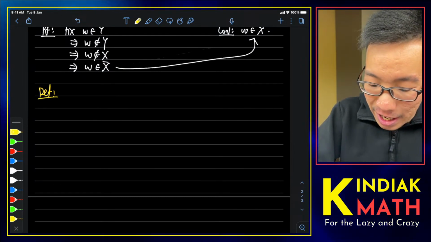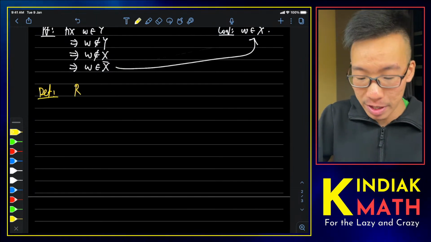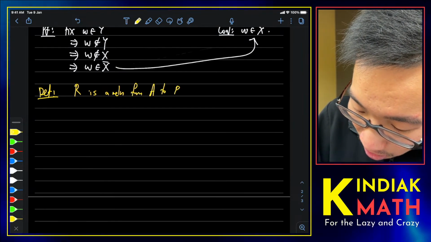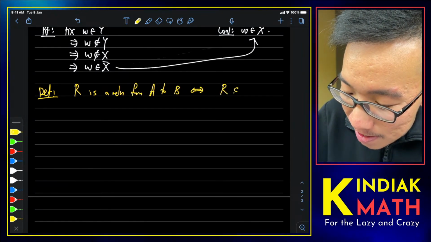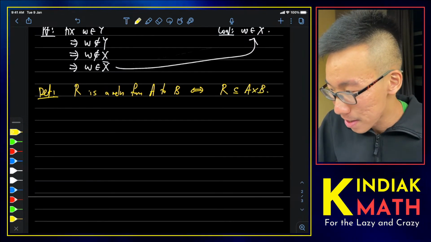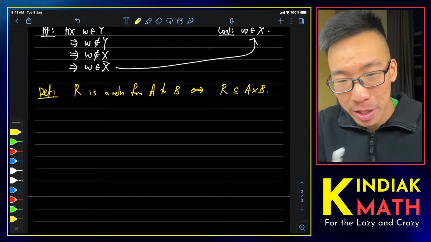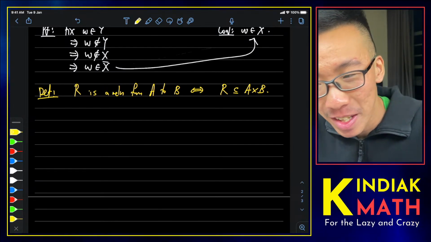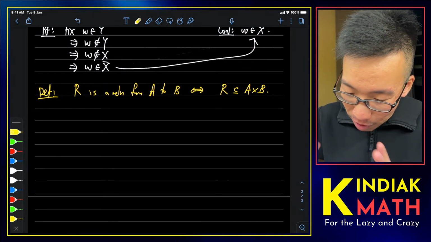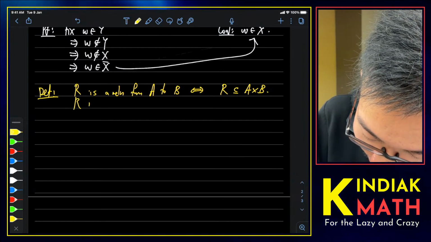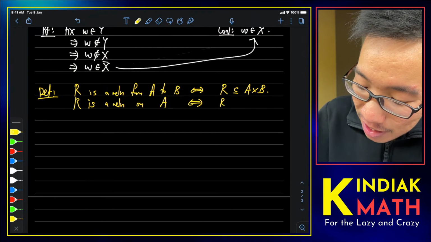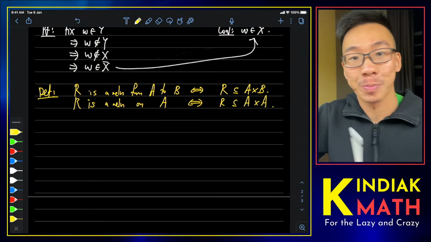We say that R is a relation from A to B precisely when it is a subset of A cross B. It's a subset of connections from A to B. You can think of it as recipes in A that give you dishes in B. And we say that R is a relation on A precisely if it's a relation from A to A.